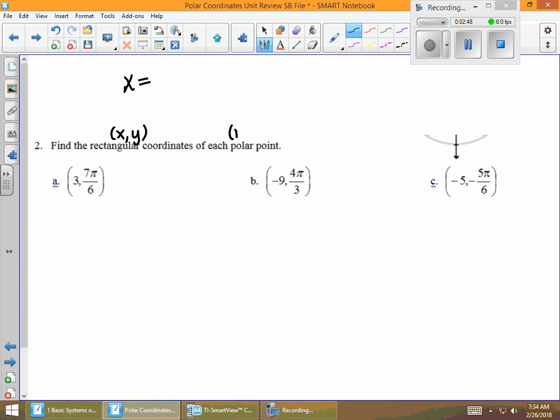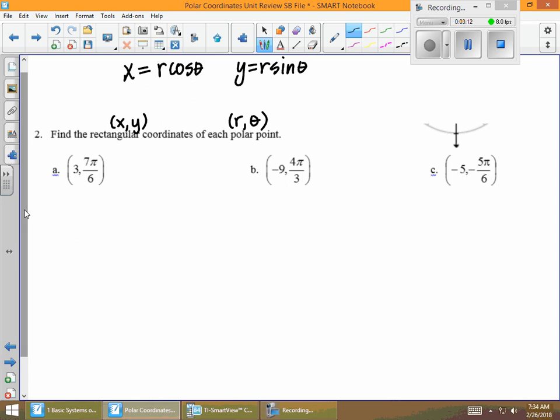Polar coordinates is r, theta. So if you're given polar, to get to rectangular, x is r cosine theta, and y is r sine theta. I've done my best to give you nice ordered pairs where you can find some good points in exact form with your unit circle knowledge.